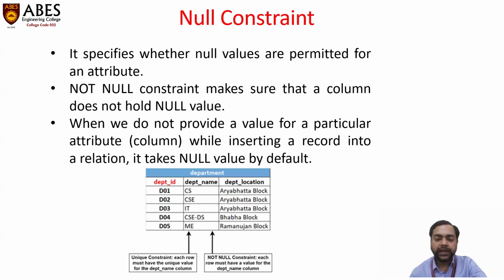And whenever an attribute is declared not null, the values stored in it cannot be null, right? When we do not provide a value for a particular attribute while inserting a record into a relation, it takes null value by default. So if an attribute is not declared not null, and while inserting a record into a relation we do not have a particular value, we can take null as the default.